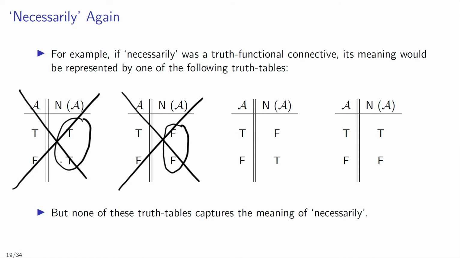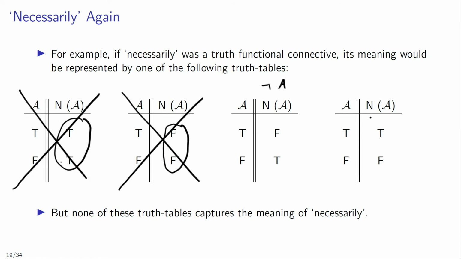Now, when we look at the third truth table, this truth table may actually look familiar. So in particular, this is the truth table for not A. We've already seen that not A is false when A is true, and true when A is false.